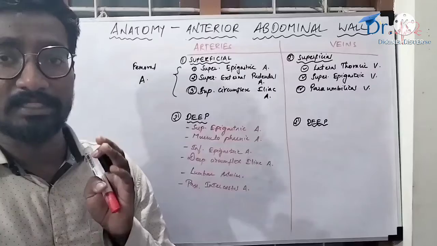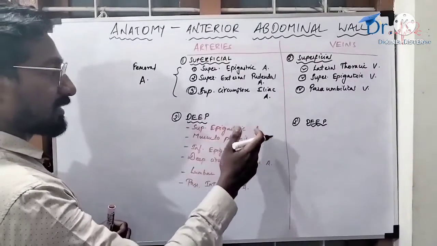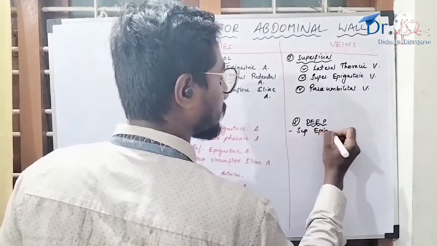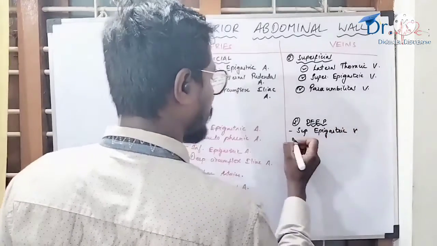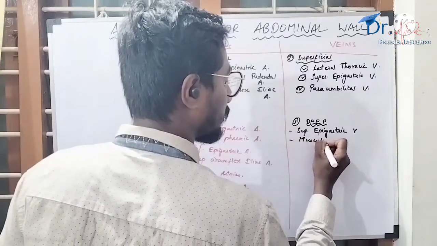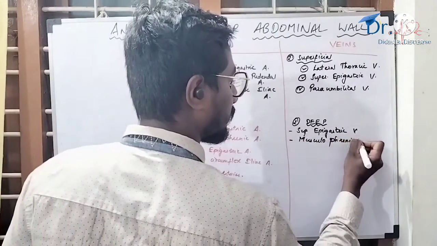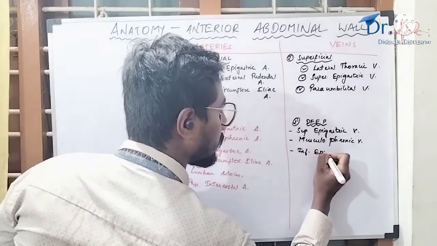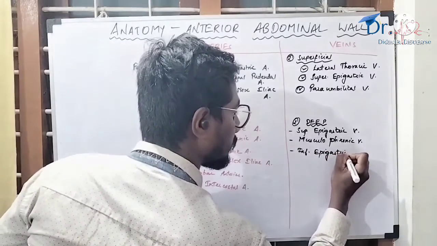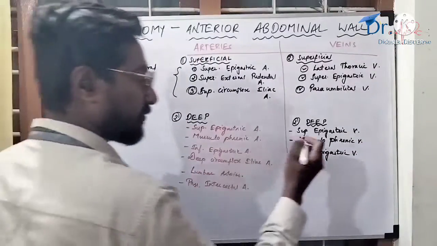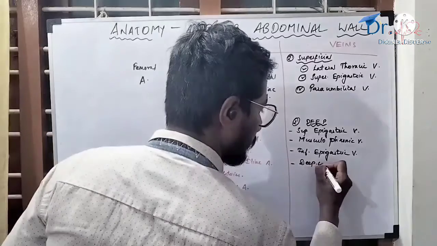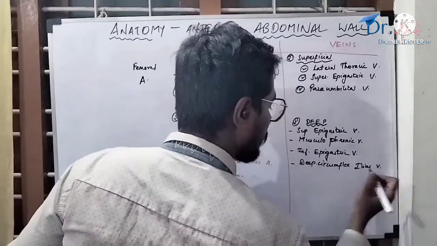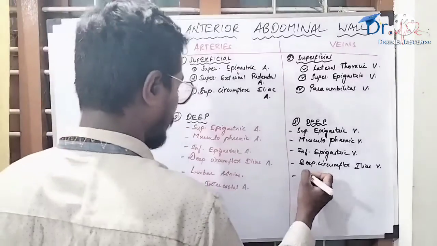So in the same way you have the superior epigastric vein, the musculophrenic vein, the inferior epigastric vein, the deep circumflex iliac vein, and the lumbar veins and the posterior intercostal veins.